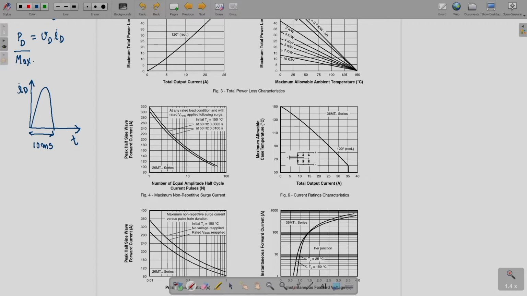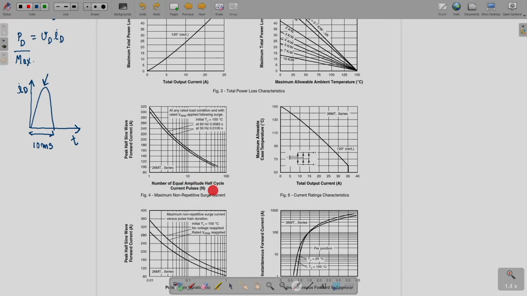Then how much is the maximum peak current that this device can withstand, and for how many equal amplitude half cycle current pulses given while performing the test, that is provided over here.